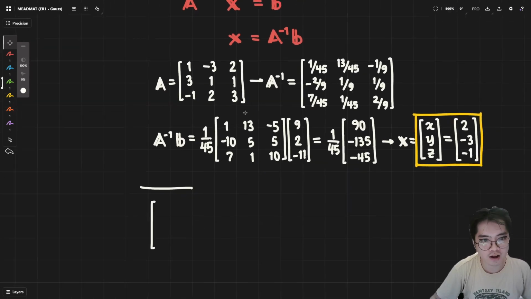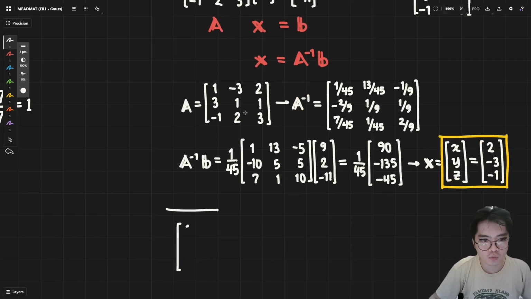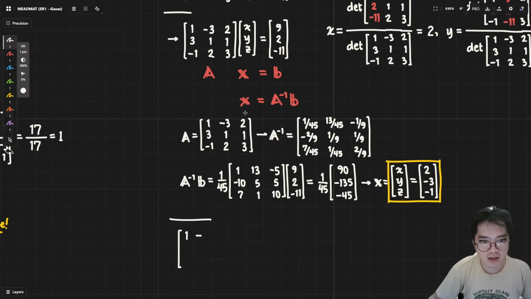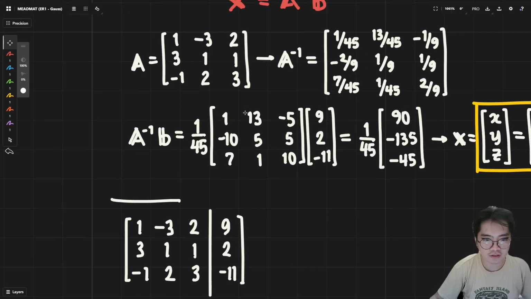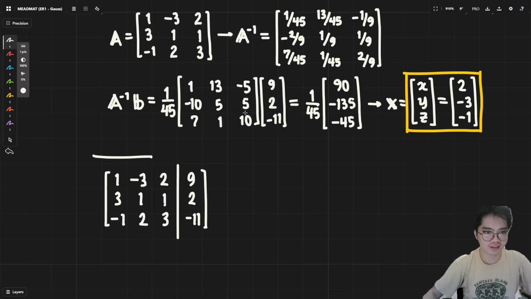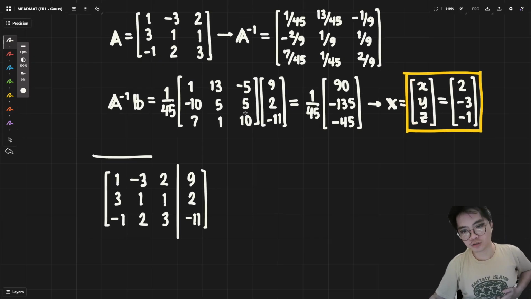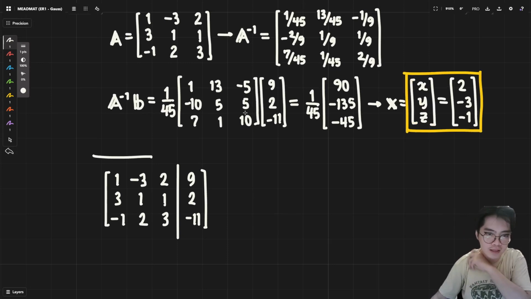Let's create here our augmented matrix. 1, 1, negative 3, 2, 3, 1, 1, negative 1, 2, 3. In our augmented matrix, honestly, I could not be bothered with the broken line. So we'll just do 9, 2, and then negative 11. This is now our augmented matrix.